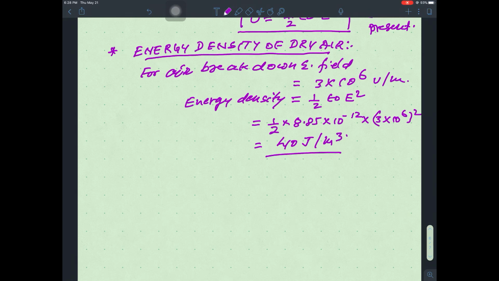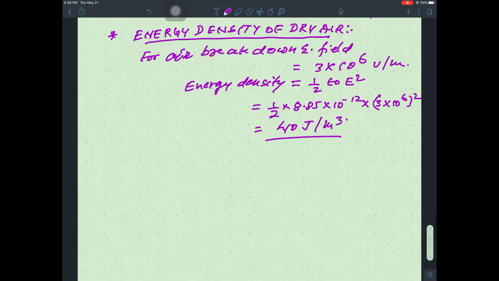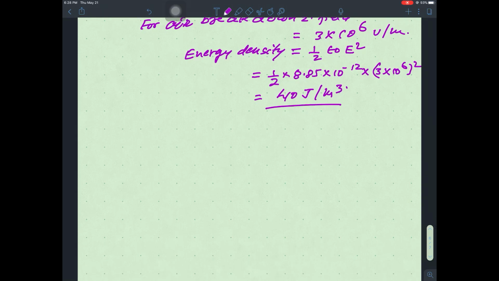This is the value of energy density for dry air. We have derived energy density using the concept of capacitors, but it is valid anywhere there is an electric field. Anywhere if there is an electric field, we can find the energy density, and for dry air the value is this much.